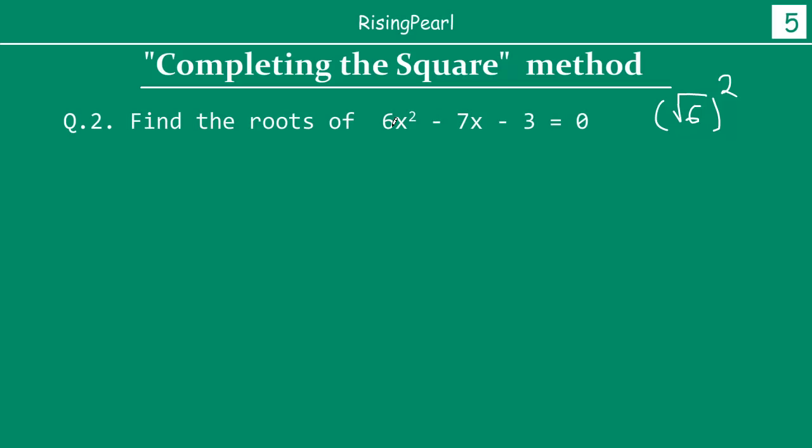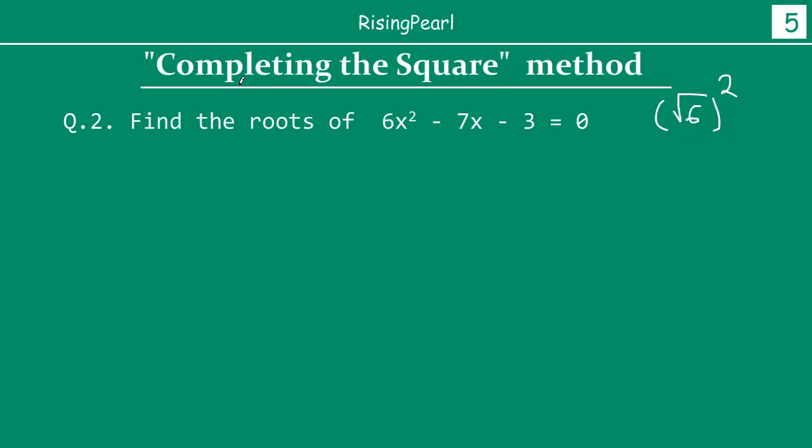The reason we are trying to do that is because we are trying to make this term a whole square of a real number, so we can do square root 6 whole square. This is actually how we solved the last question, right? We made it square root 2 whole square. But this time we are going to multiply both sides by 6. I'm just giving you one other way of solving these questions.